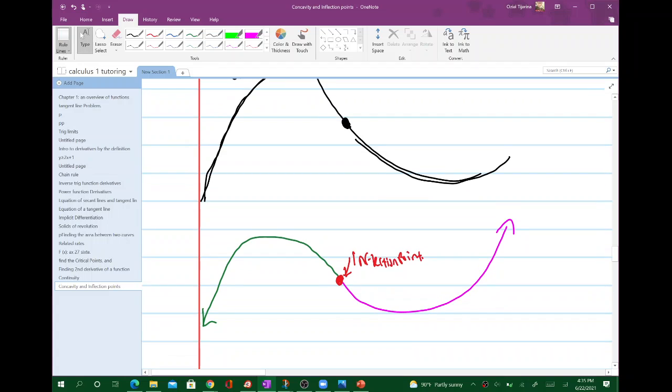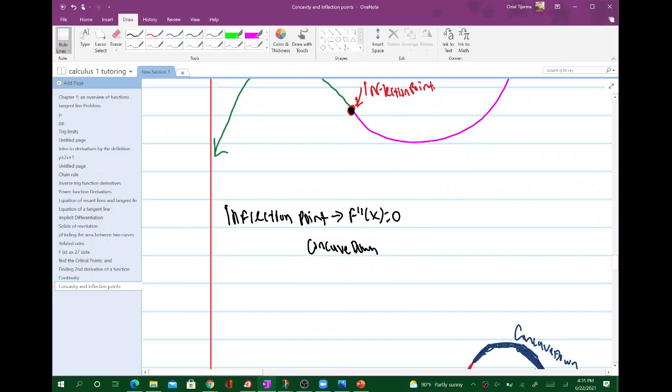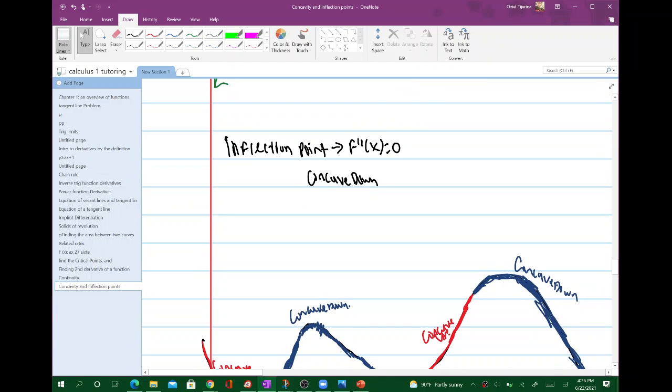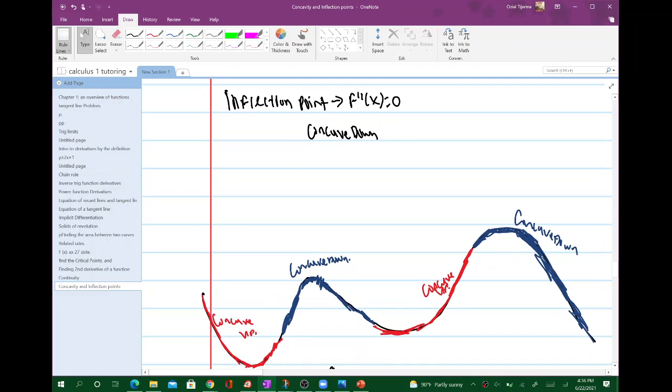An inflection point is really just the middle of those two things, where it goes between concave up and concave down. An inflection point is basically where f double prime of x equals 0. The second derivative of f of x is equal to 0, right?